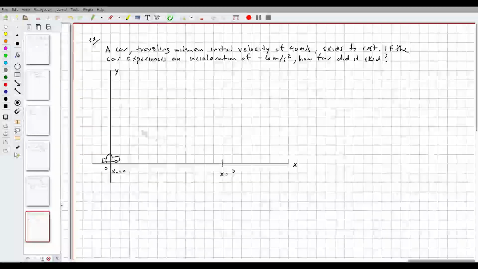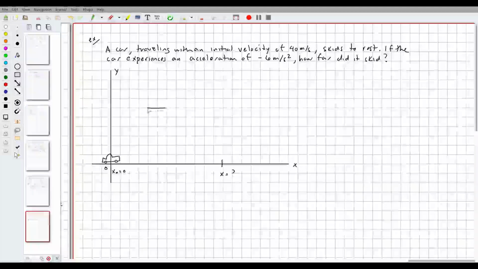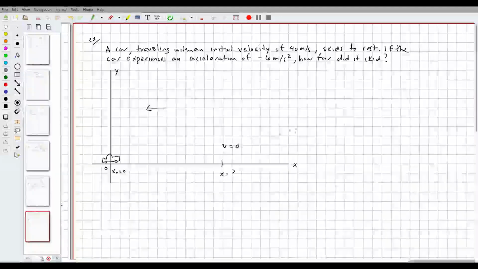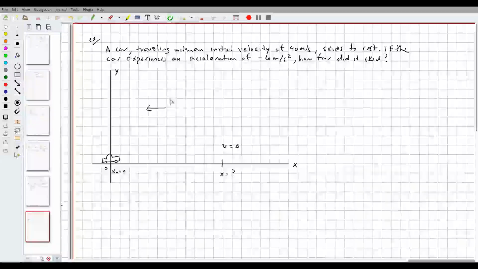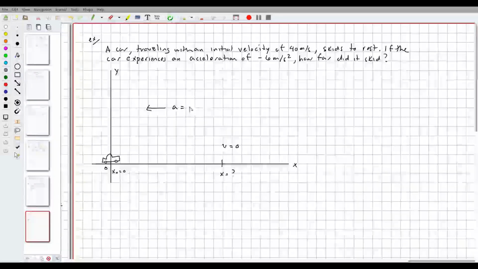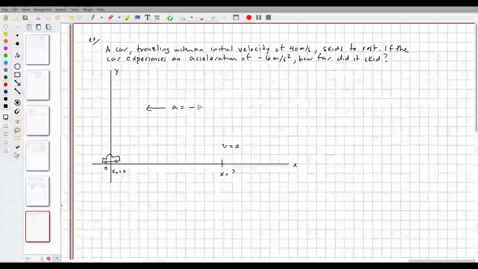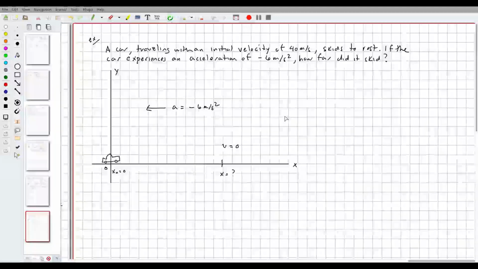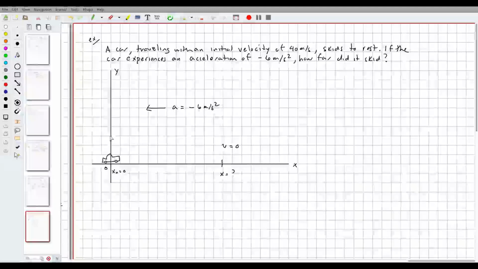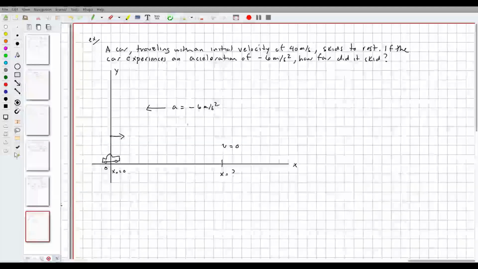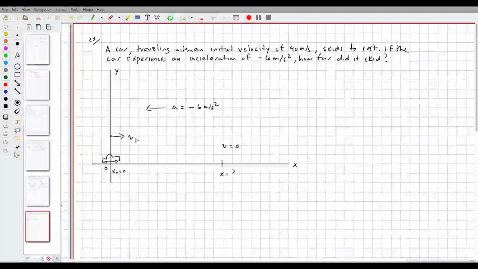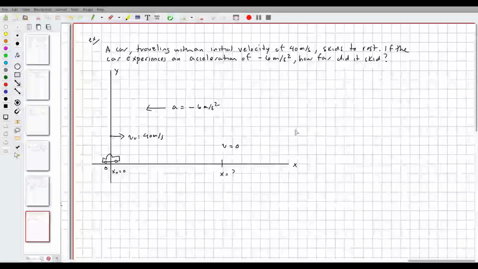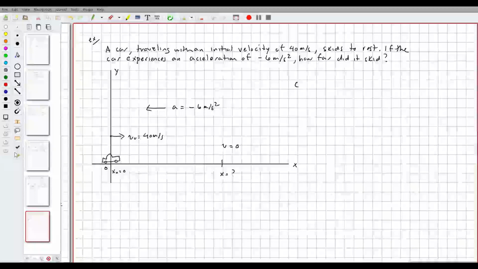But we do know that as it slows down to a final velocity of 0 meters per second, the acceleration is to the left, and it has a value of 6 meters per second squared. We also know that our initial velocity of our car is to the right, 40 meters per second.